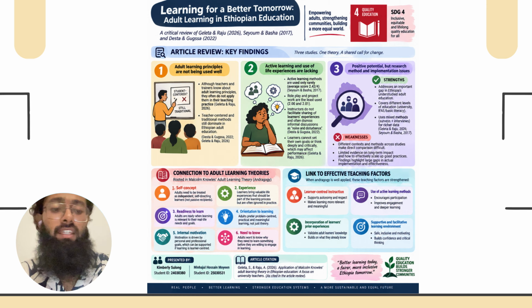Most importantly, it depends entirely on the quality of the instruction, or instructional quality. Specifically, if we target SDG 4, which is quality education, it should emphasize increasing the supply of qualified teachers and facilitators through effective professional development.